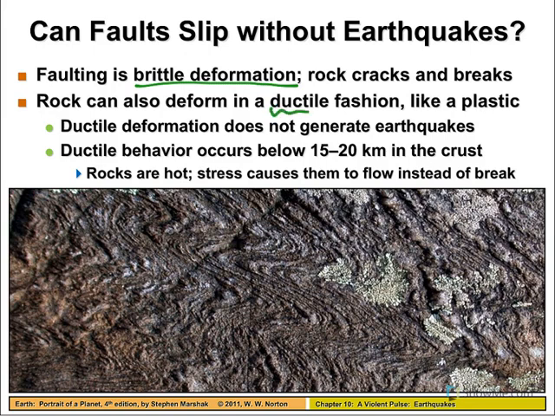Those rocks are going to behave ductilely, just like you see in this picture, meaning they've been bent. They're not really breaking. So that ductile deformation does not generate an earthquake. In general, about 15 to 20 kilometers below the surface is where we start to see that ductile behavior. So that means our rocks are going to be hot.